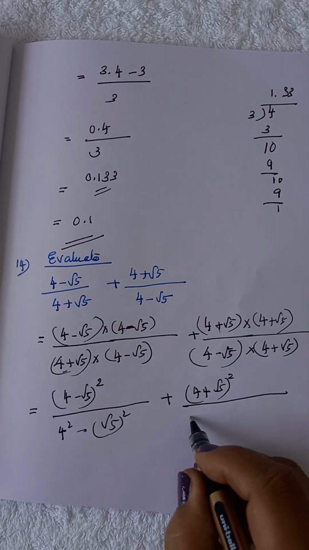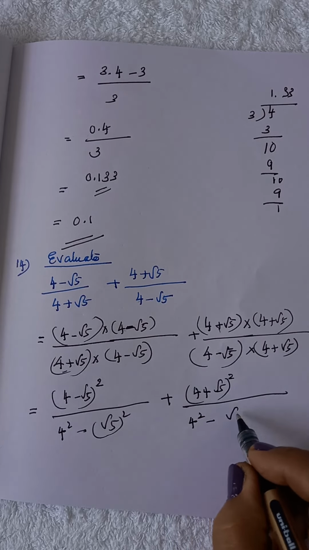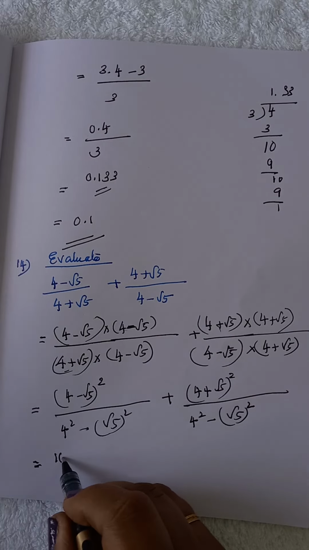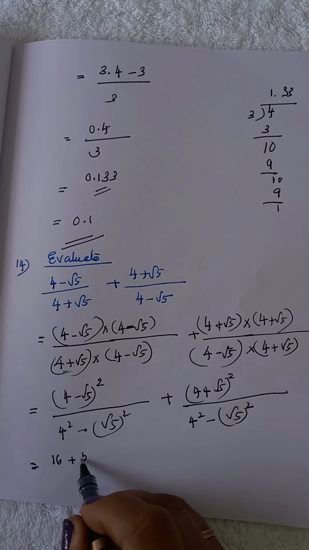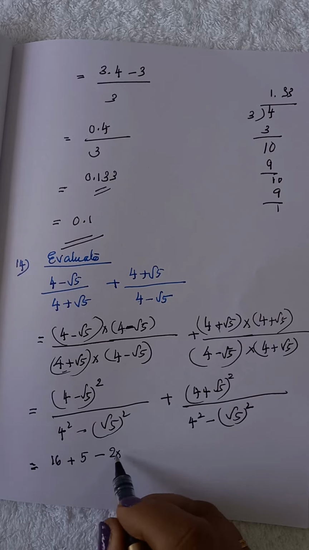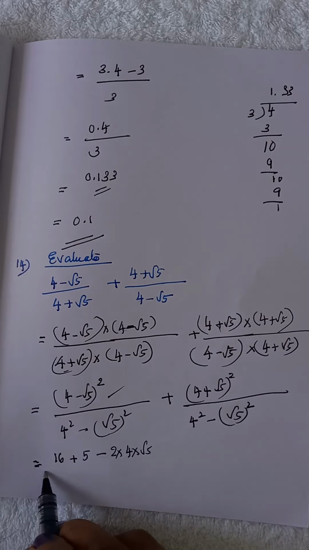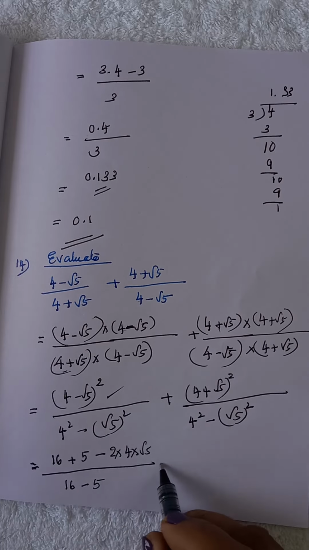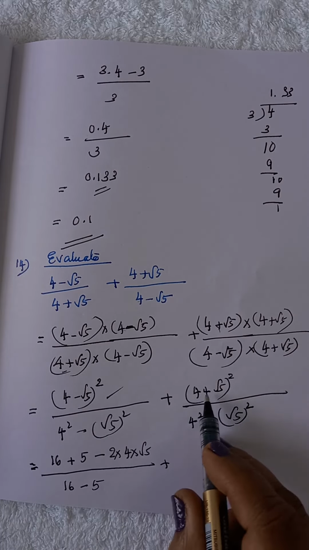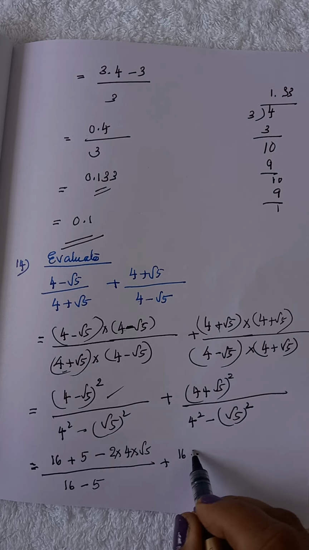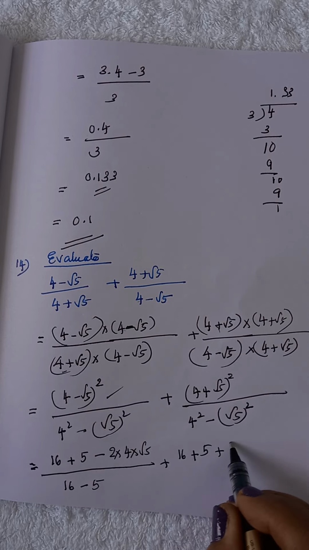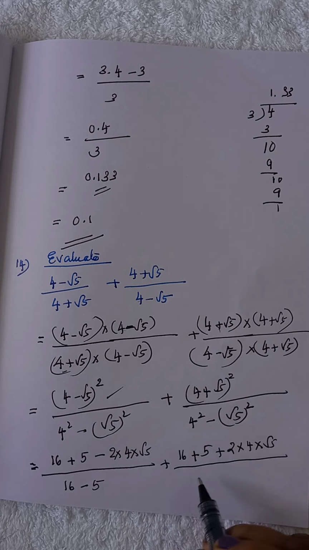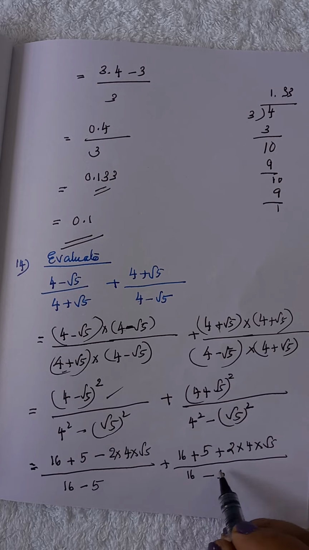So (4 minus root 5) square is 4 square, that is 16, plus root 5 square is 5, minus 2 into 4 into root 5, divided by 16 minus 5. Here also 16 plus 5 plus 2 into 4 into root 5, divided by 16 minus 5.